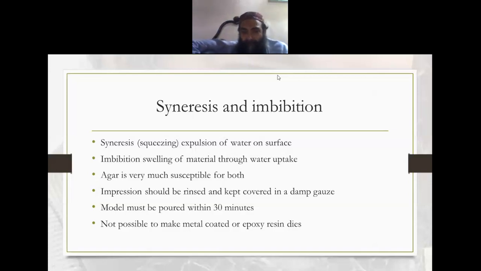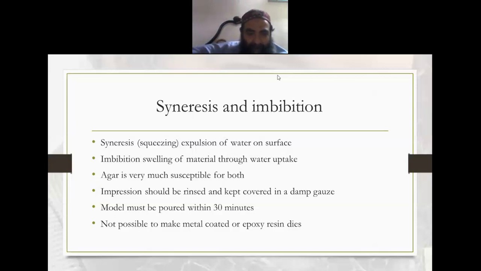Now imbibition simply means water uptake, swelling of material through water uptake. If a material takes water, obviously it will swell up. Agar is very much susceptible to both.